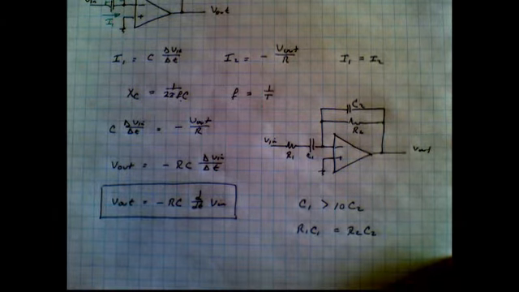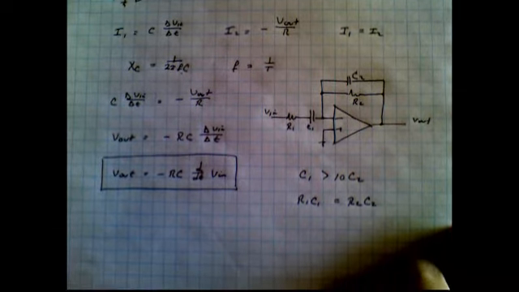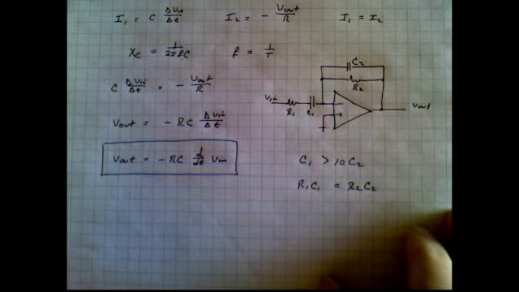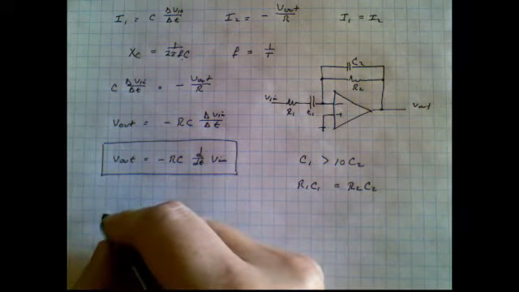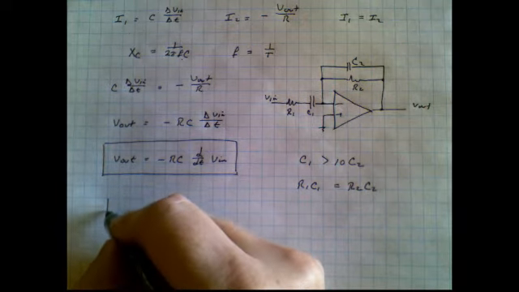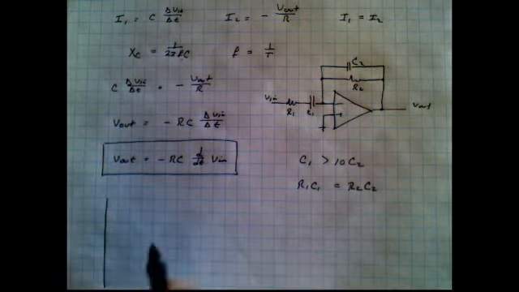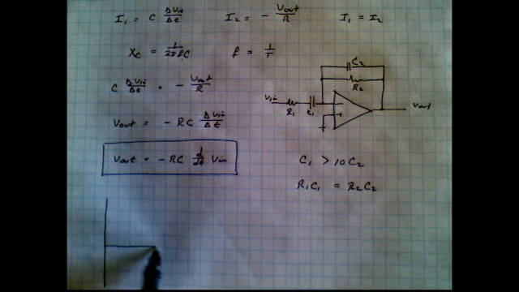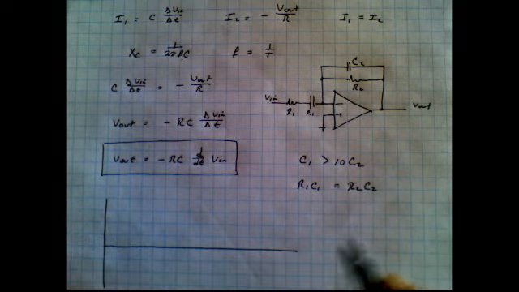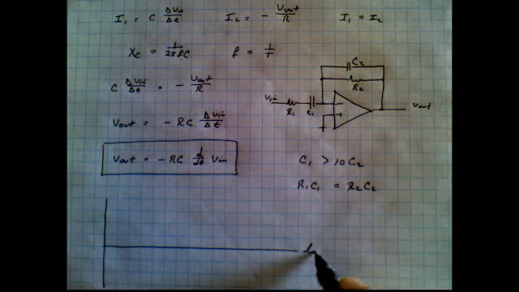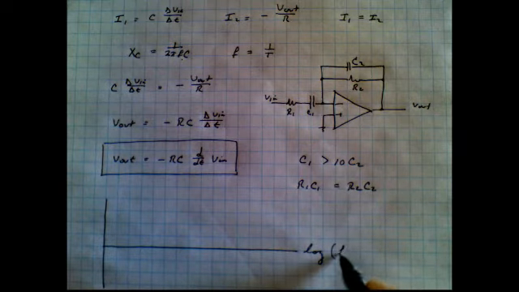Now, what is the response of this thing going to be like as a function of frequency? Well, it's actually quite complicated. So again, we're going to have to go back to Bode type plots. And a Bode plot, of course, you'll remember, is the logarithm of frequency in this direction.